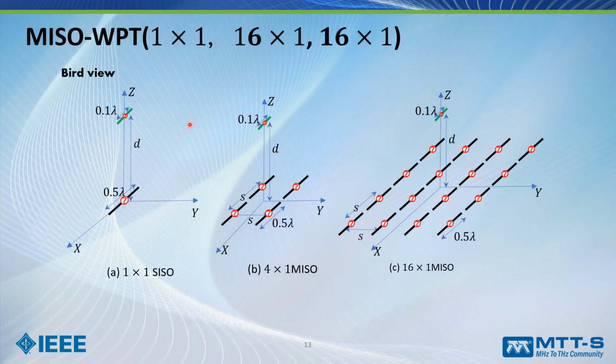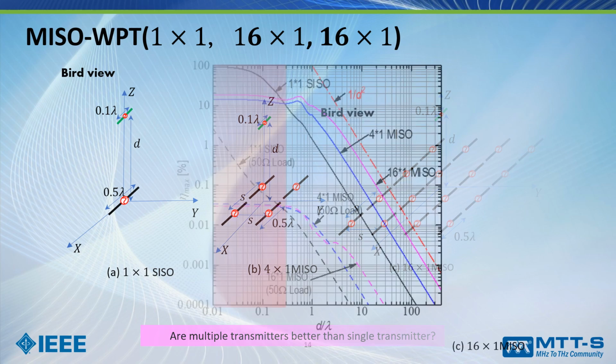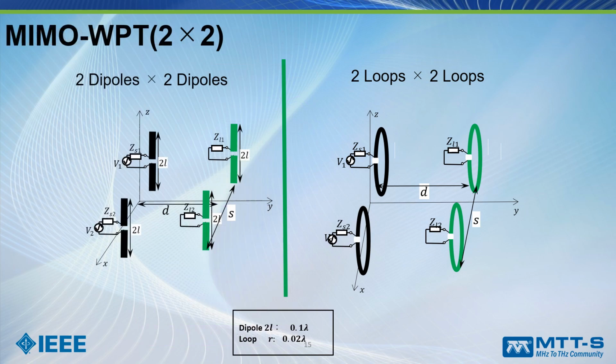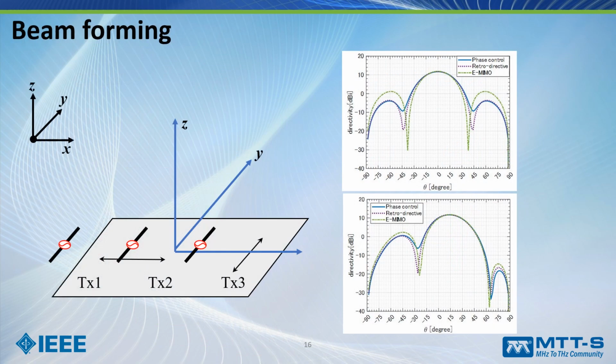And here is the MISO-WPT: 1 by 1, 4 by 1, and 16 by 1, and the maximum efficiencies versus the distance between the receiving antenna and the transmitting antenna can be calculated like this. And this is a MIMO-WPT system example, and here are the beamforming examples.